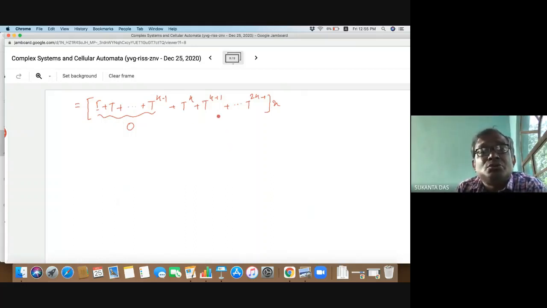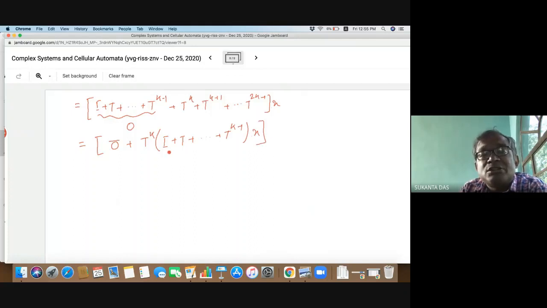So if it is 0, then I can take to the power as common. Then what I'll get is I plus t plus to the power k minus 1 into x.